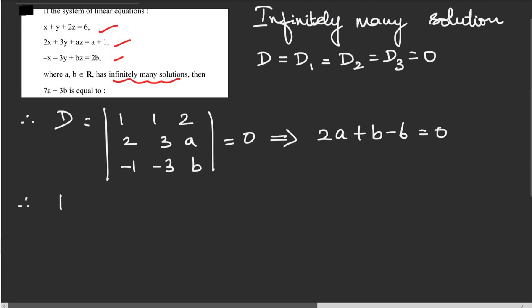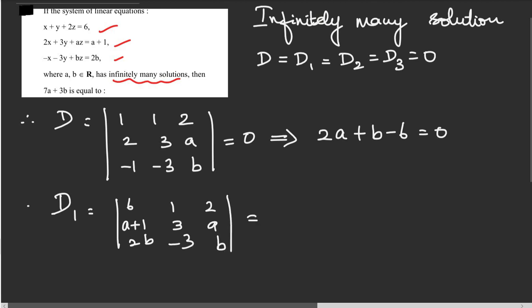Next, similarly, D1: in the place of the x coefficient, replace the constants in the equation, 6a plus 1, 2b, 1, 3, minus 3, 2a and b. Equating this to 0, we get 12a plus 5b plus ab minus 6 is equal to 0.